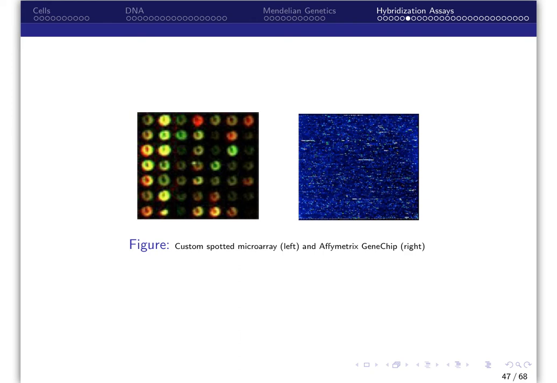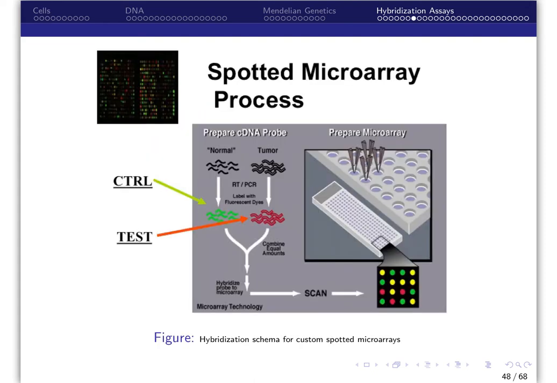The second was in situ synthesis, where the sequence of each probe must be known, and the known sequence is deposited on the surface by photolithography, which underlies the Affymetrix gene chip as seen on the right, or by inkjet printing, which underlies Agilent, or by electrochemical synthesis, which underlies ion torrent and ion proton.